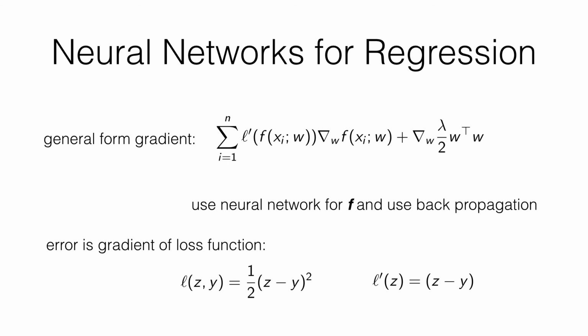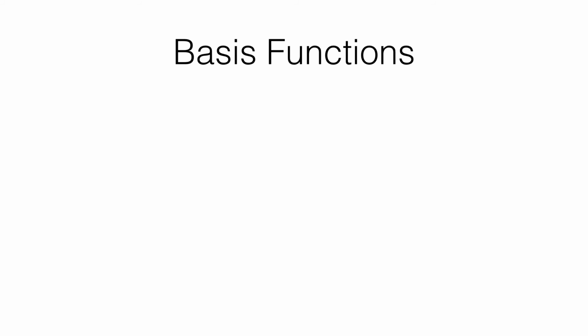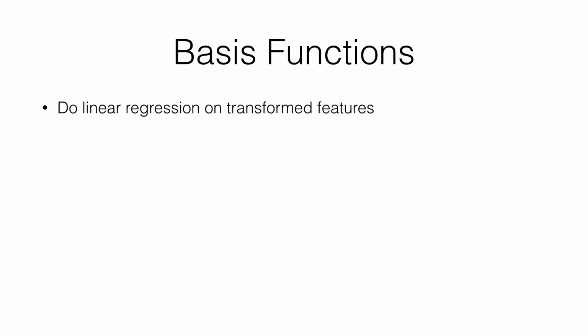So that's one approach. Another approach is also very analogous to something we saw, which is to use basis functions. The idea is to do linear regression on transformed features. So instead of writing f of x as w times x, we're going to say that f of x is w times phi of x, where phi is something that takes x as input and transforms it into another dimensional space.